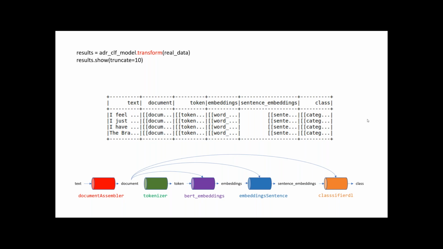The names of the different columns are mapped to the outputs of the different components of the pipeline. You see that we have the text, which is the input, then the document, the token, the embeddings, the sentence embeddings, and the class. We will now analyze each of these columns to better understand the internal functionalities of this pipeline.